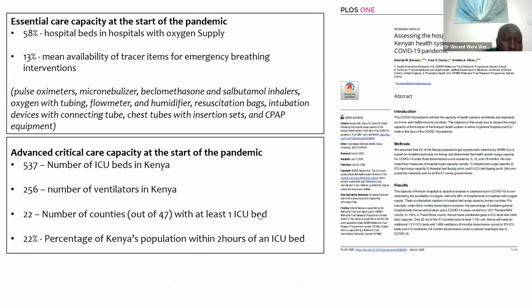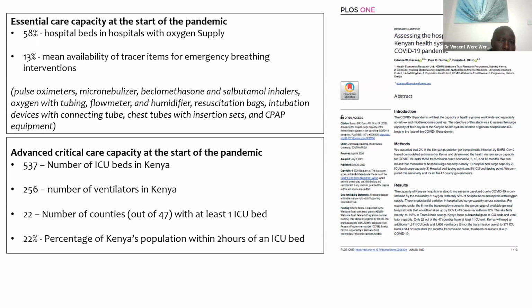If you're going to do modeling, cost effectiveness analysis modeling, you need to understand the environment in which the study is done. In Kenya currently for COVID, we know that 58% of hospital beds have oxygen. Not all hospitals had oxygen.